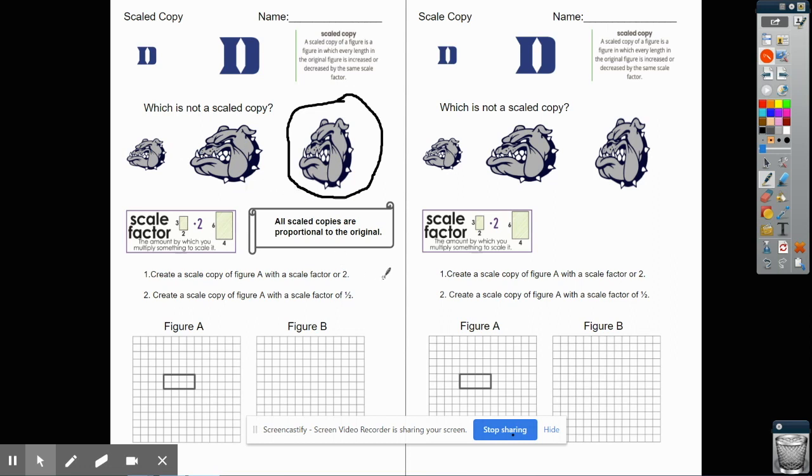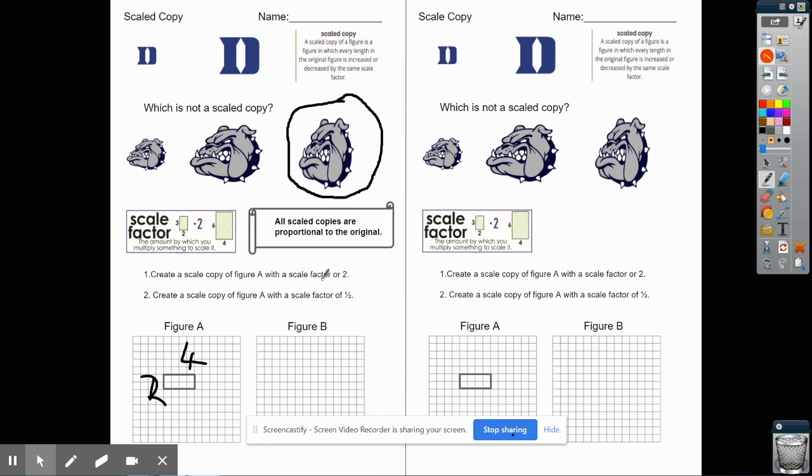All right, so how does this look when we have scaled copies? So create a scale copy of figure A with a scale factor of 2. So if I look right here, that's 2, and we see there that is 4 squares.